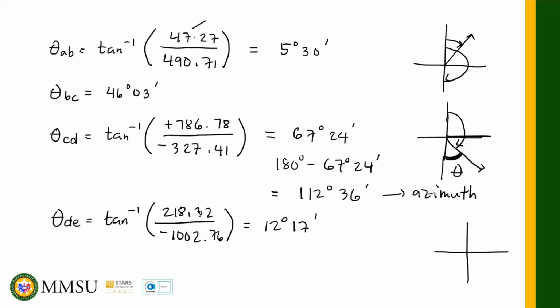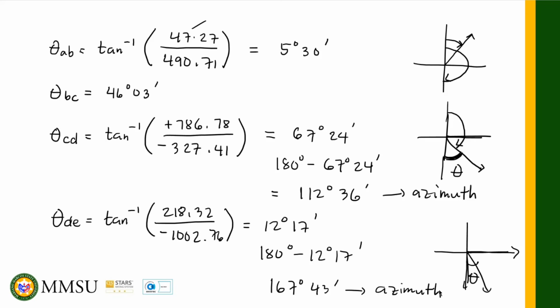Positive yung departure, ibig sabihin dito sa positive dito, tapos negative pababa. So, nandyan ulit yung theta. Okay? In this case, parehas lang. That's 180 degrees minus 12 degrees, 17 minutes. Ito na ngayon yung azimuth natin should be equal to 167 degrees, 43 minutes. This is the azimuth. Okay?